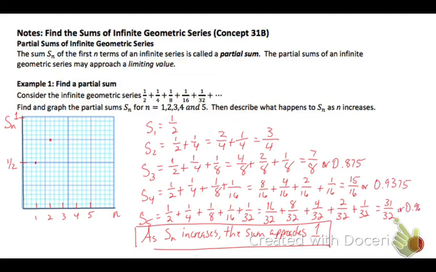There are the decimal equivalents to 7/8, 15/16, and 31/32. You can see that this looks like an exponential curve, and that it's getting closer and closer to our 1 value. So we say that the sum of this infinite geometric series is 1.